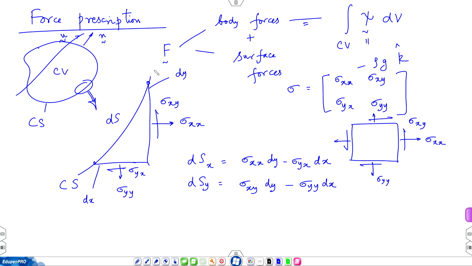Sigma xx multiplied by the vertical dimension, because force is stress into area. dsx, dsy, these are the components of an elemental force acting on the surface ds of the control surface. So, what is the advantage of this calculation? Then you can integrate and get the total surface force acting on it. Okay. So, F, we have the first term as the body force component, and then you just add to it the surface force in terms of stresses.